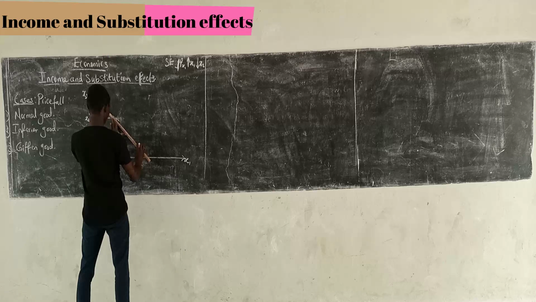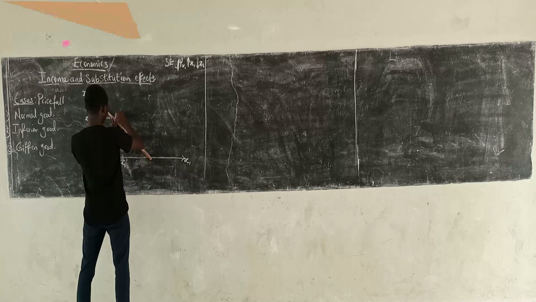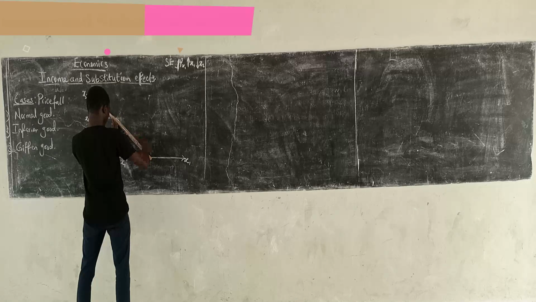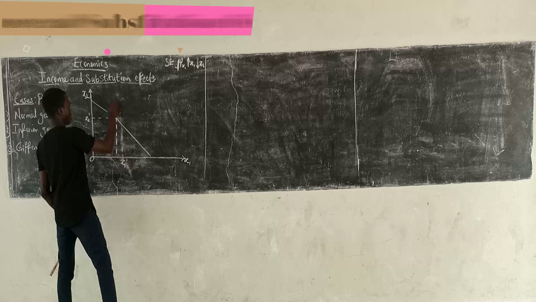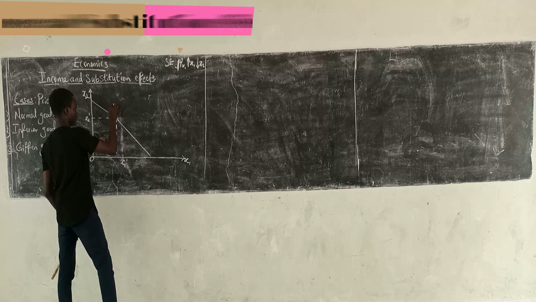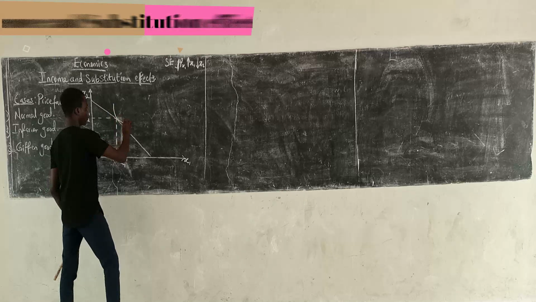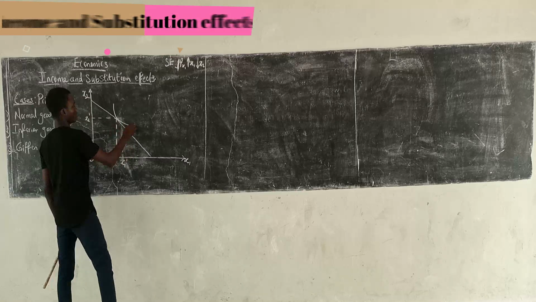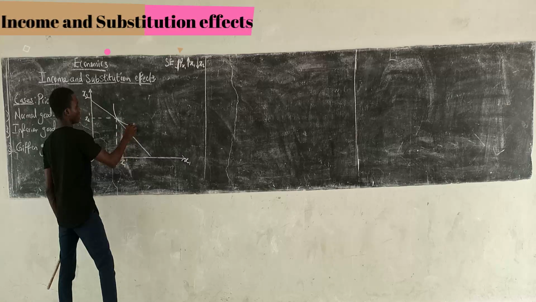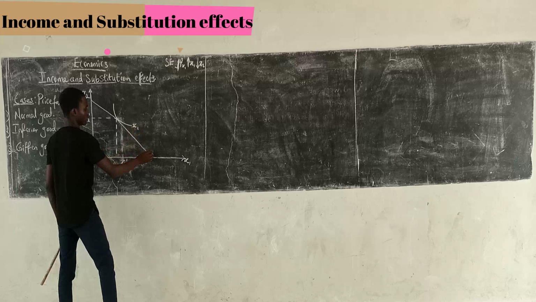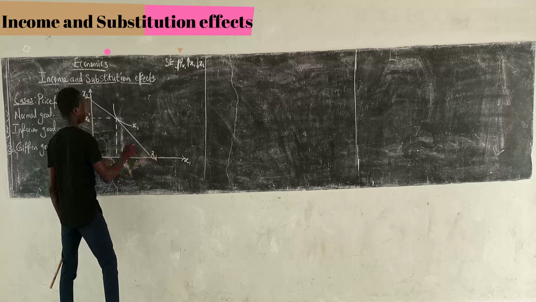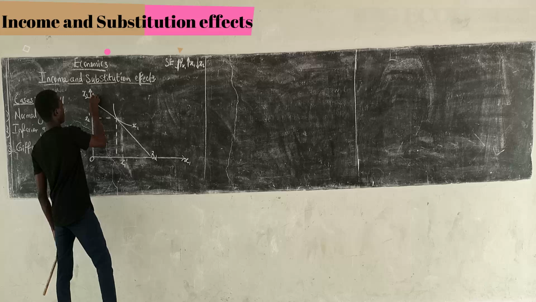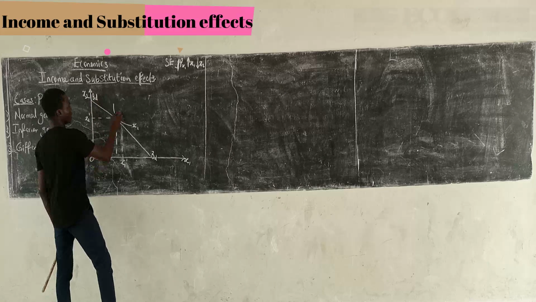Alright, and then your indifference curve is here. So this is your first indifference curve, IC1. This is your budget line, let me call it BD. Okay, budget line BD. So this is point A.